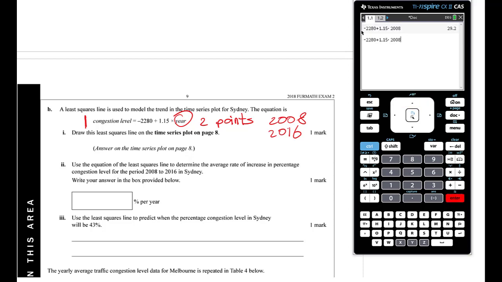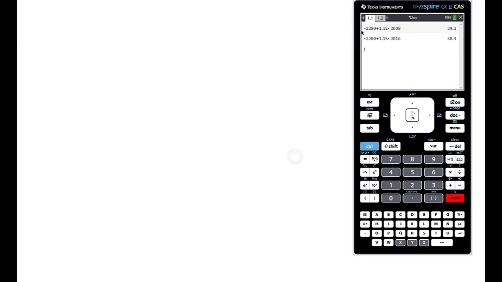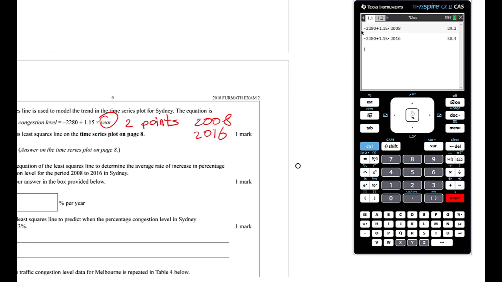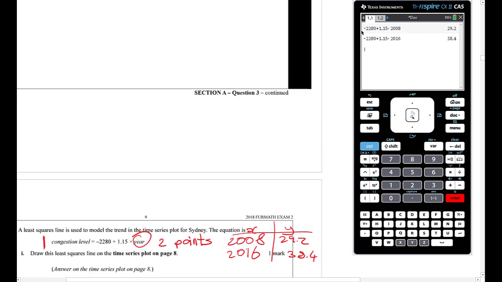Then we're just going to change this to 2016. Okay, so our numbers essentially are going to be here. If you remember, this is our X value and this is our Y. Our Y for 2008 is 29.2 and for 2016 it's 38.4.